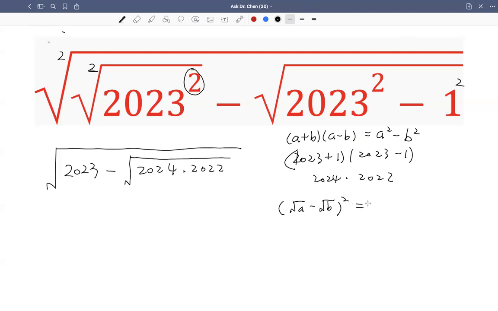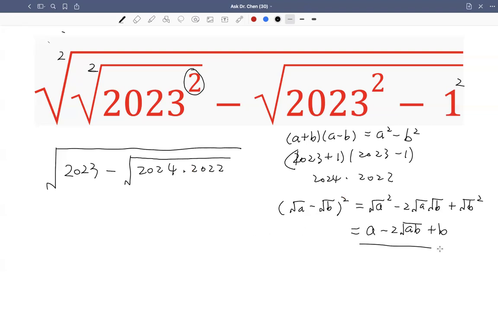That's the square root of a squared, minus 2 times the square root of a times the square root of b, plus the square root of b squared. Simplify this: the square roots cancel each other, and we get a minus 2 times the square root of ab, because both are under square root signs and can be put together, then plus b.